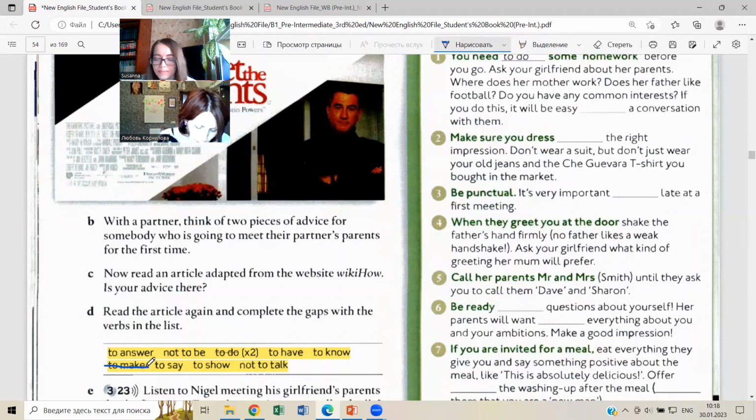Do wear a suit, but don't just wear your old jeans and the Che Guevara t-shirt you bought in the market. Okay. Let's continue with number 3.